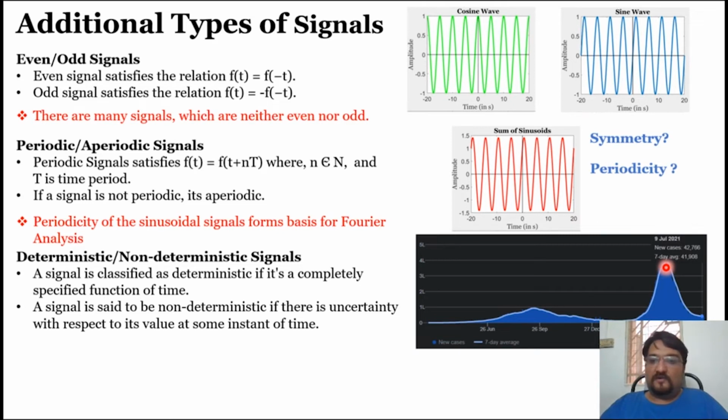Let's also see whether this signal we have analyzed is a randomized signal or not, whether it is deterministic or non-deterministic. We already have the formula for this particular equation, so we know this is not a random signal, this is a deterministic signal.